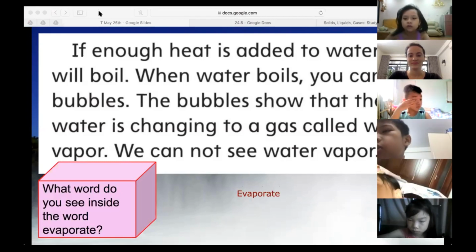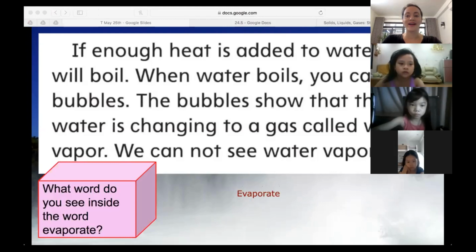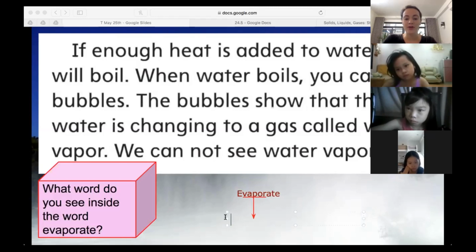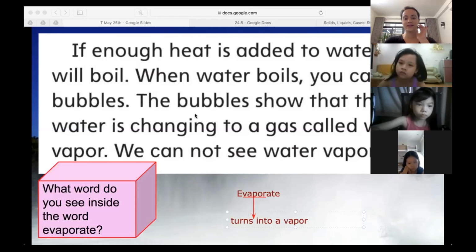It is vapor. Evaporate has the word vapor in it, like water vapor. That's a good way to remember that this means it is turning into a vapor. Evaporate turns into a vapor. Okay, nice work, Sino. Excellent job.